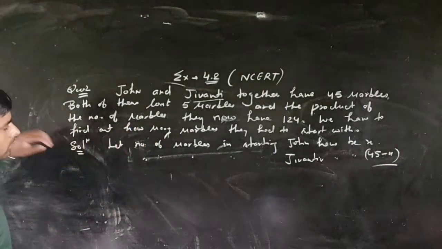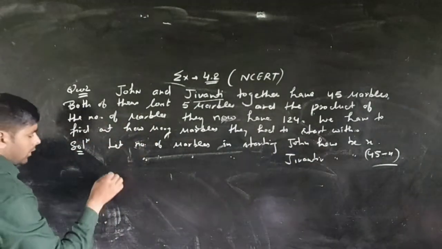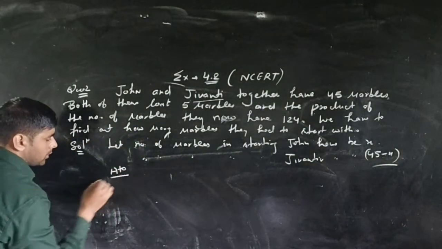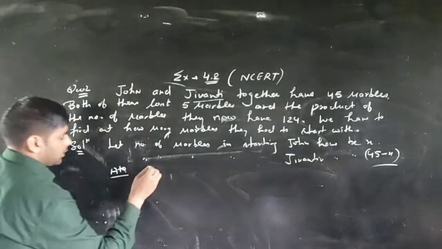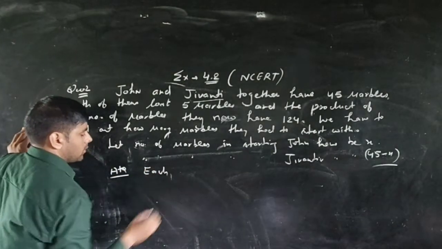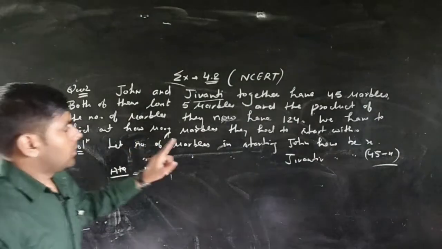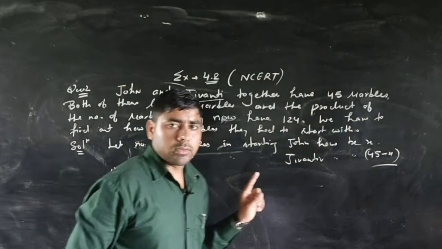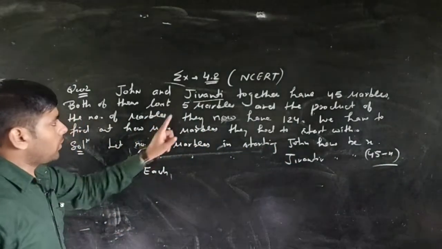Now according to the question, John and Jivanti each lost 5 marbles.